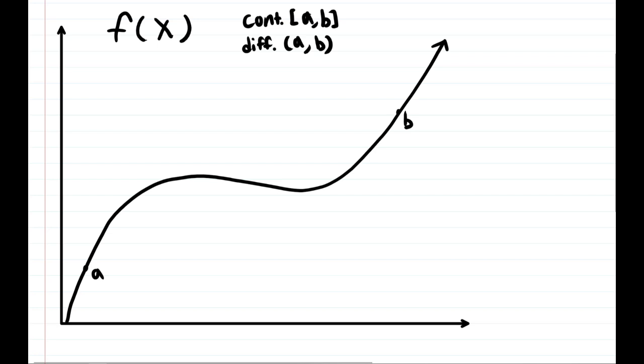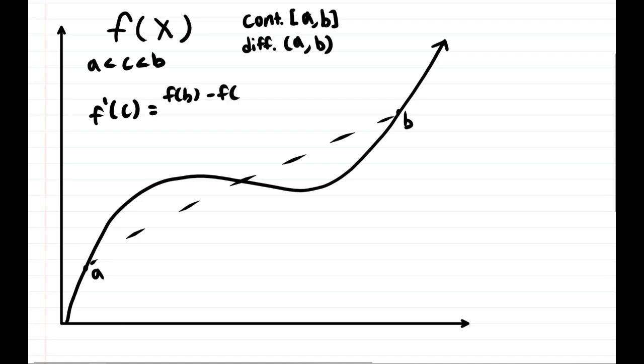If these conditions are met, then there must be a point c in between a and b so that the derivative of f of x evaluated at c is the average rate of change of the function from a to b, which is f of b minus f of a over b minus a.